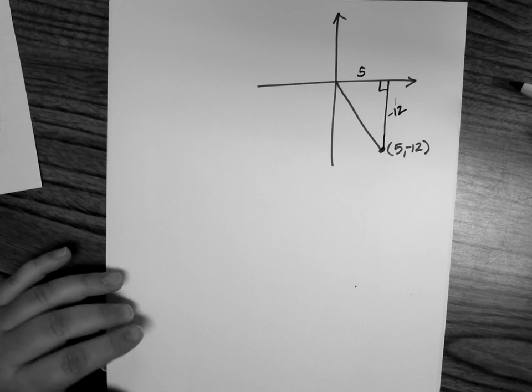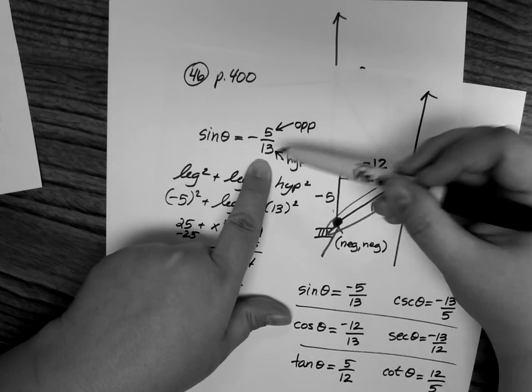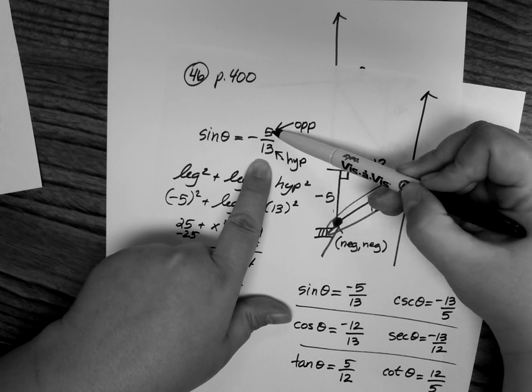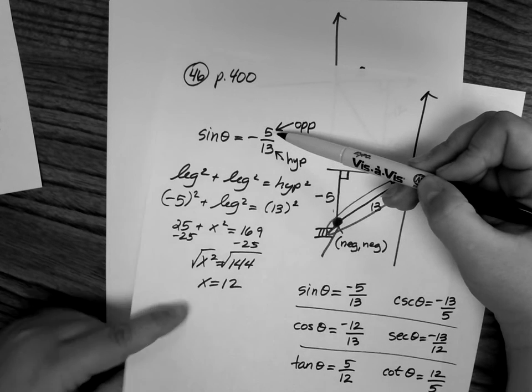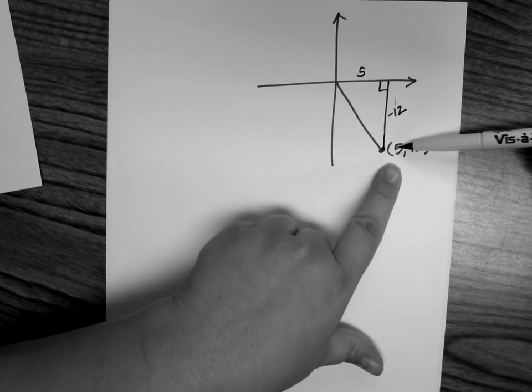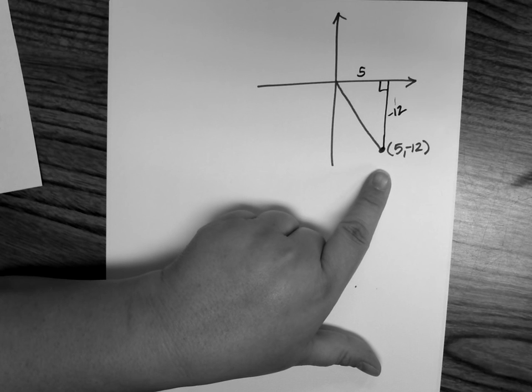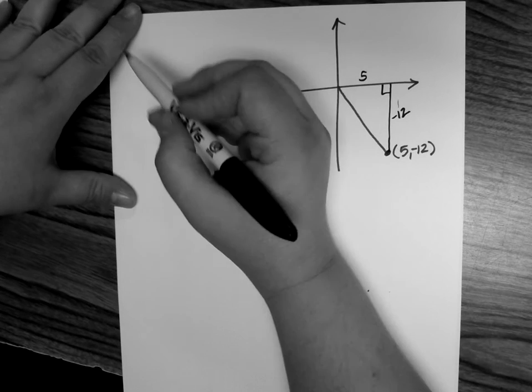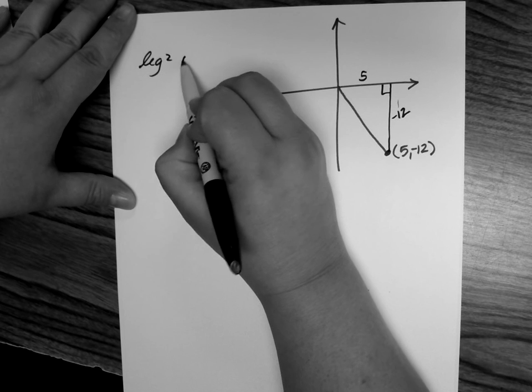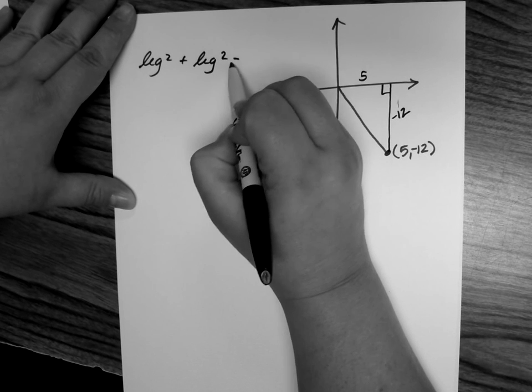Excuse me. So instead of in these problems where the ratio gives me 2 sides of the triangle, in this problem it's the coordinates that give me 2 sides of my triangle. It's pretty much the same thing though. I would use the Pythagorean theorem again. Leg squared plus leg squared is hypotenuse squared.